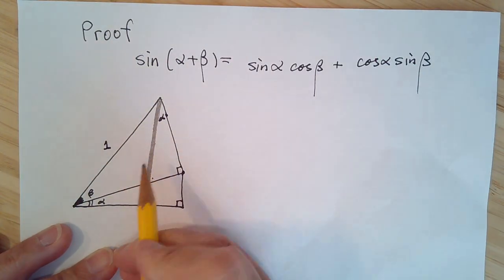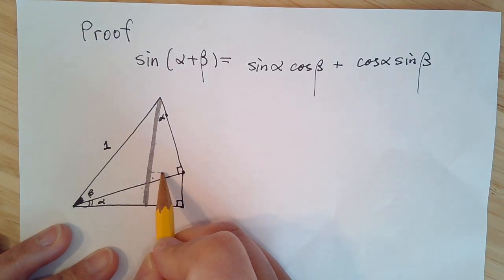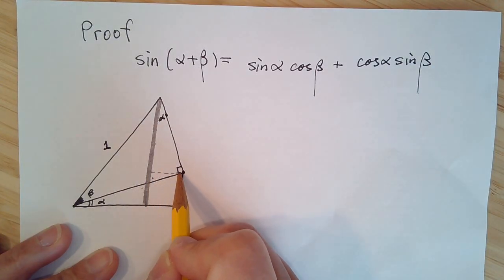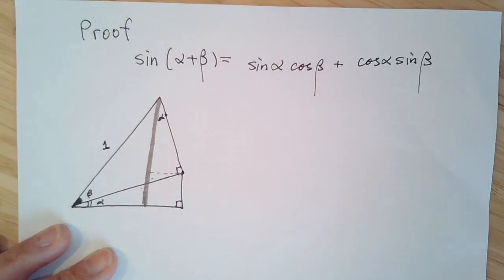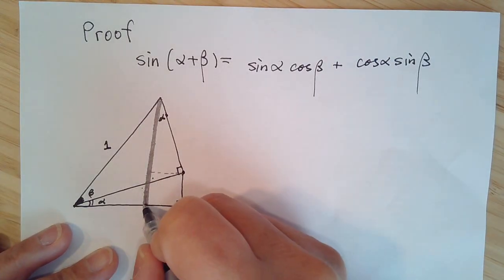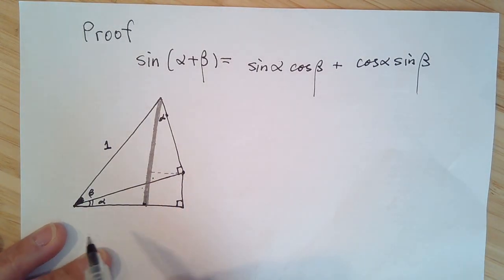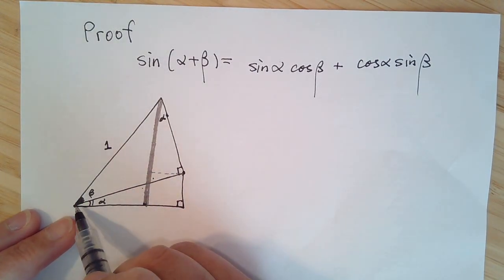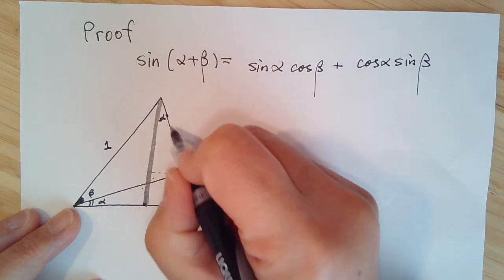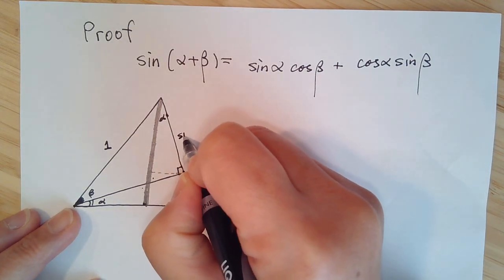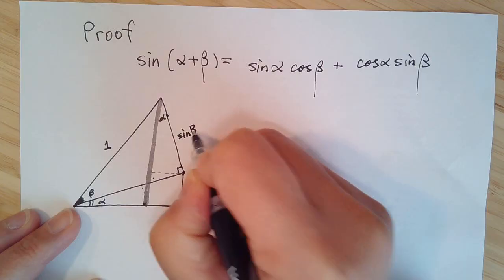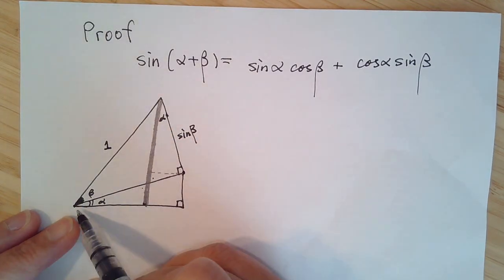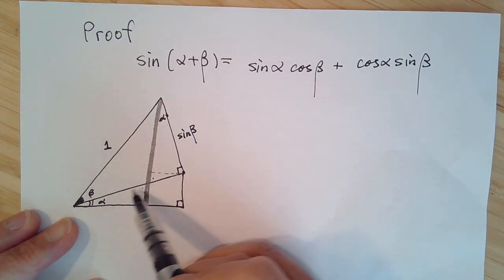Now I want you to add a vertical line starting from here. Because this is a 1, this line should be sine beta. You agree? 1 is the hypotenuse. This is sine beta.